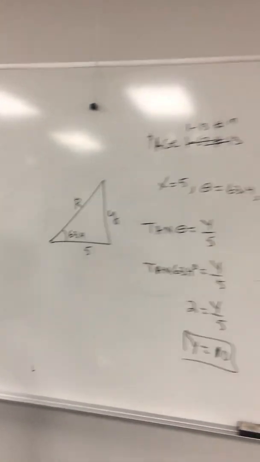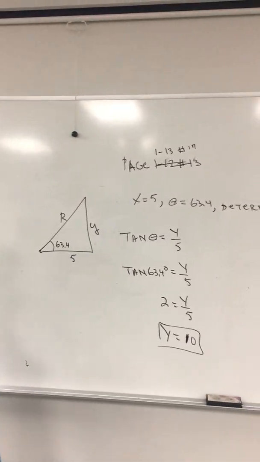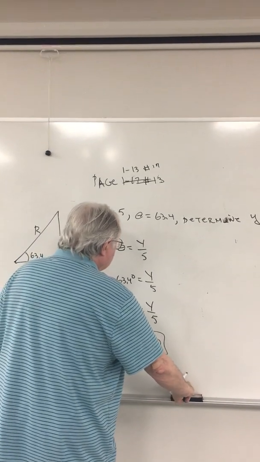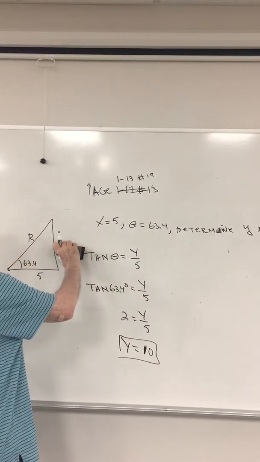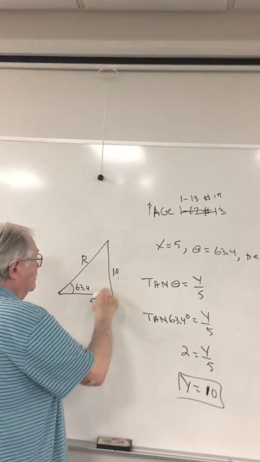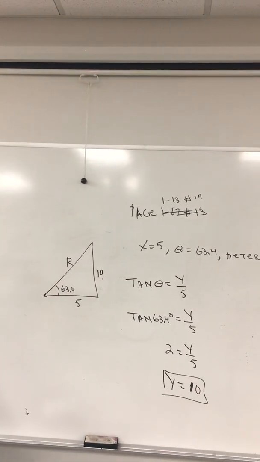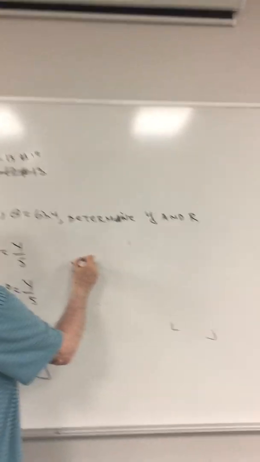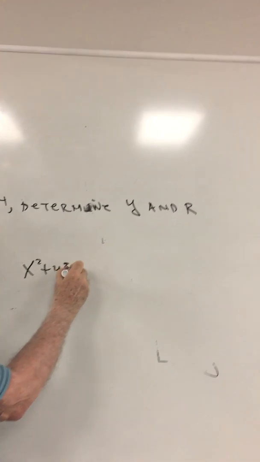Now, if I want to figure out what r is, there are 2 ways of doing that. We could use trigonometry or just use the Pythagorean theorem. So we know this is 10, we know this is 5, and so we can figure out what r is. In that case, we have x squared plus y squared is equal to r squared.